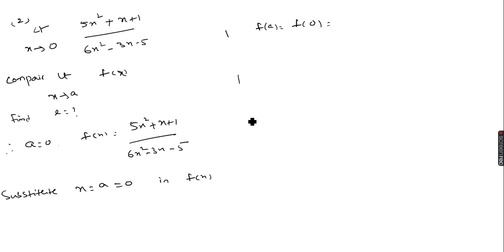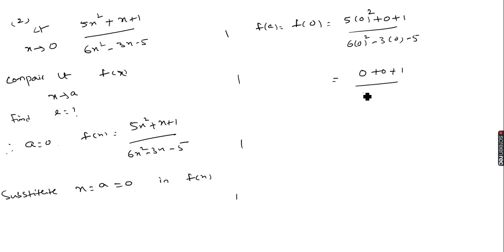If I substitute that, it is 5 into 0 plus 1 by 6 into 0 square minus 3 into 0 minus 5. So this is 0 plus 1 by 0 minus 5. So finally we get minus 1 by 5. So this is equal to L.